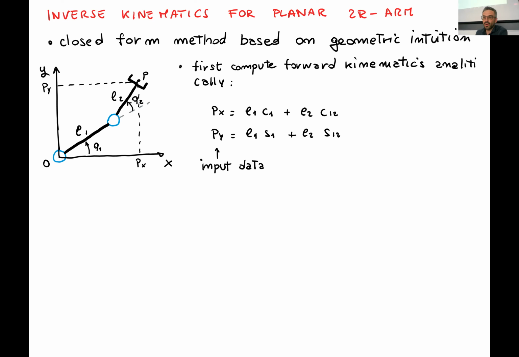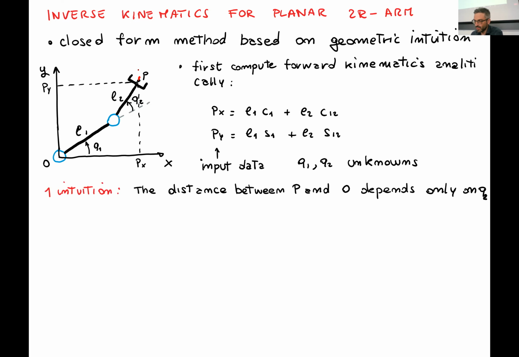You remember, for a planar 2 degrees of freedom robot, and we started to say that we have some geometric intuition to apply. In particular, we were having as input data the position of the end effector, and we wanted to find out the values of the angles corresponding to that position.